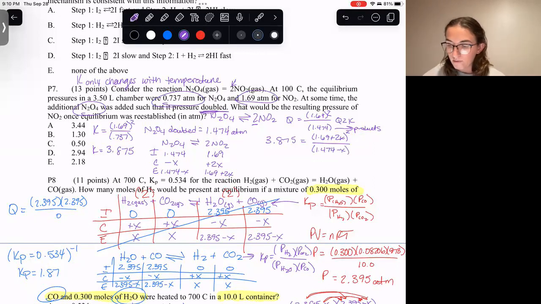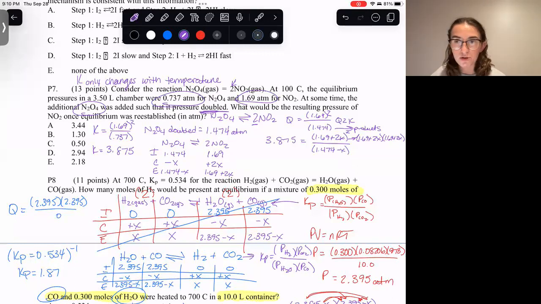Okay. When we square this top one, it's not just squaring 1.69 and squaring 2x. This becomes 1.69 plus 2x times 1.69 plus 2x, right? You have to FOIL it out. So this does take a little bit of math, but you can FOIL that out.